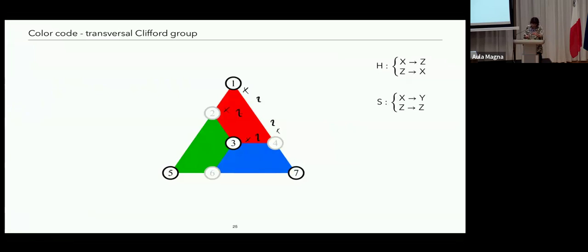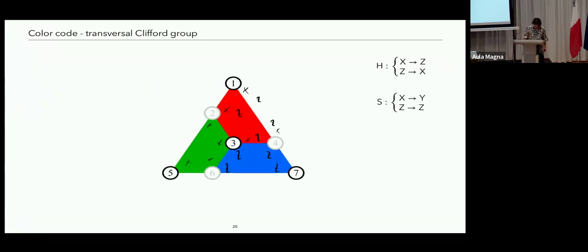So I'm going to have 6 stabilizers, and they are all supported on a face. I'm going to have an X stabilizer here, and a Z stabilizer on green, and then a Z stabilizer on blue, and the Z stabilizer on X. So basically, in this code, each face has its twin of the other kind, okay?